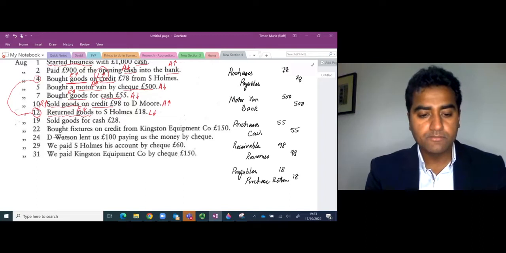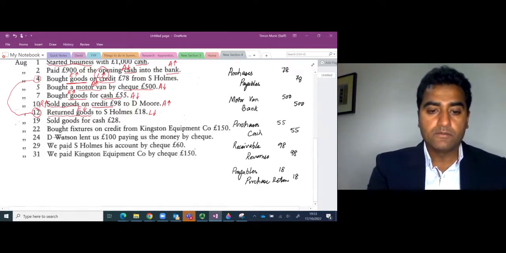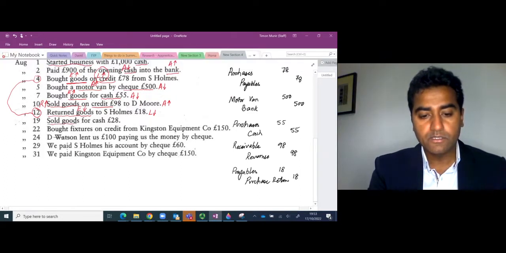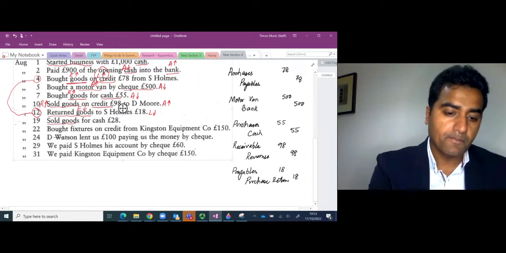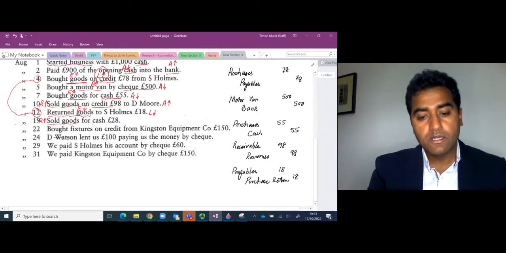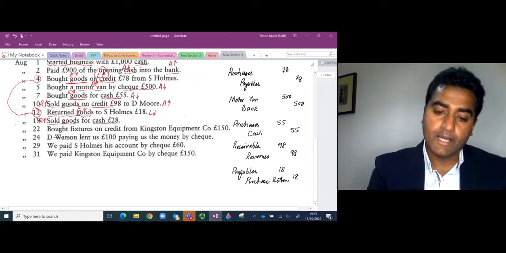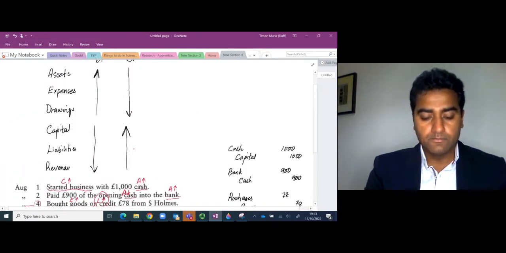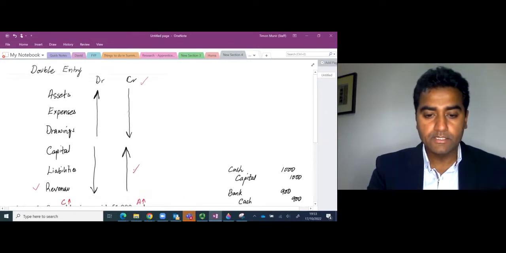In the next transaction, sold goods for cash £28. In this transaction we are selling goods, which is revenue, and the revenue is increasing. On the other hand, I am receiving cash. Cash is my asset, which is increasing. So going back to the technique, when there is an increase in revenue, that is credit.